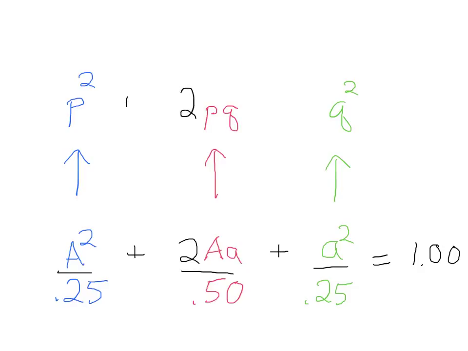So we add that together, p squared plus 2pq plus q squared is equivalent to 1. So 100% of the next generation is the sum of all the homozygous dominant plus the heterozygous individuals and the homozygous recessive individuals of that generation.